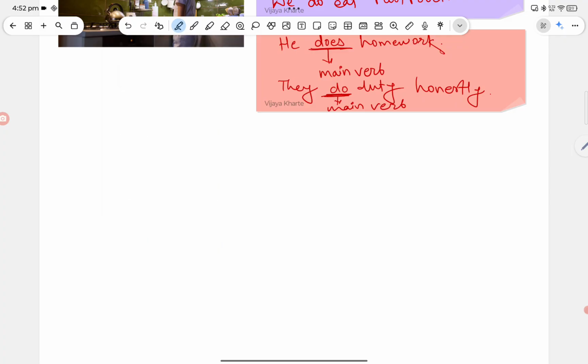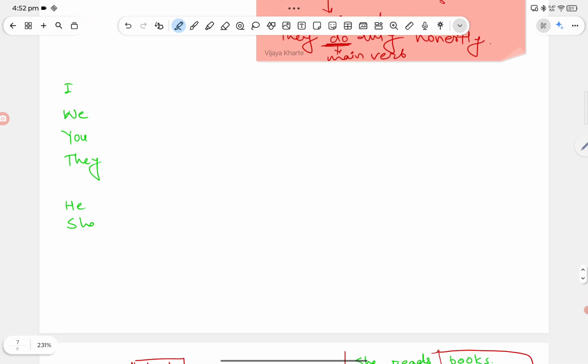Now today we will make all the sentences using all the subjects: I, we, you, they, and also he, she and it. We'll make this column separate. This is the column of subject.